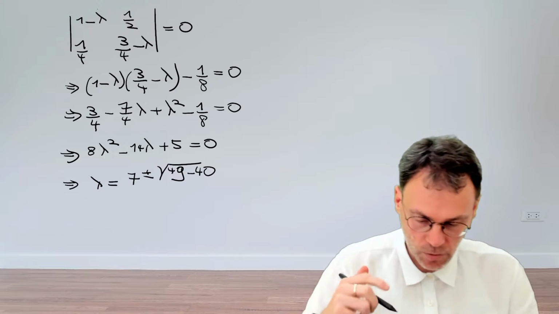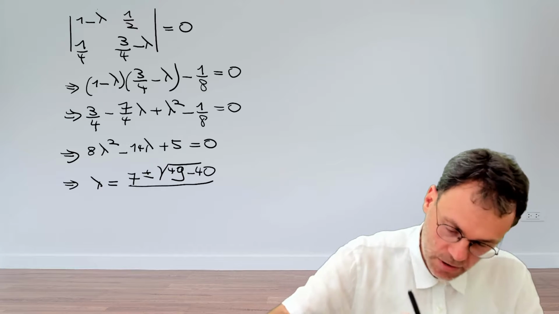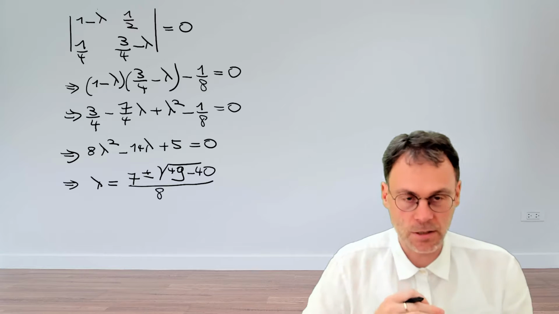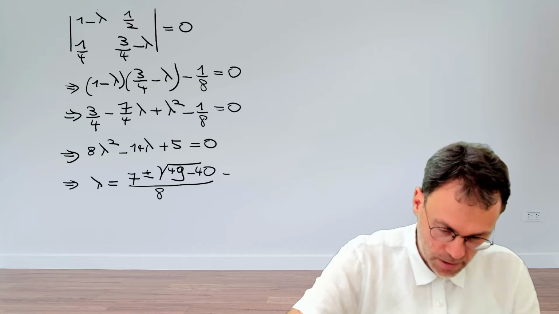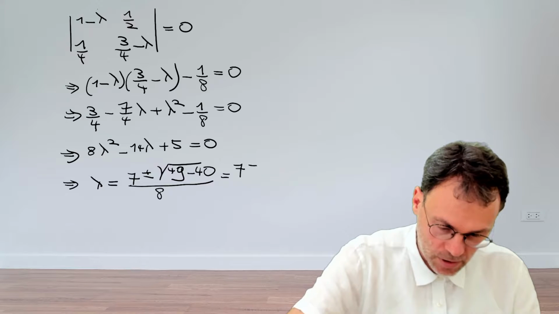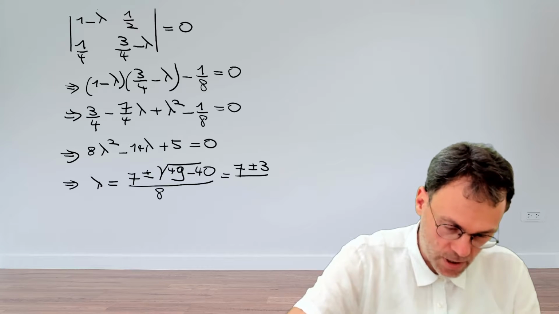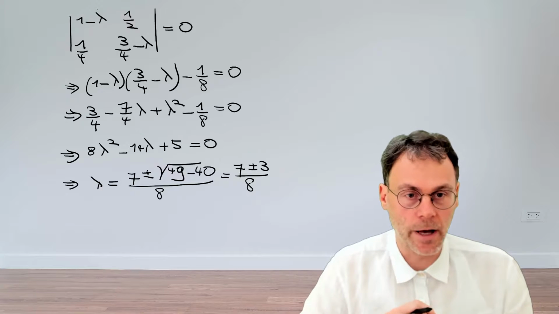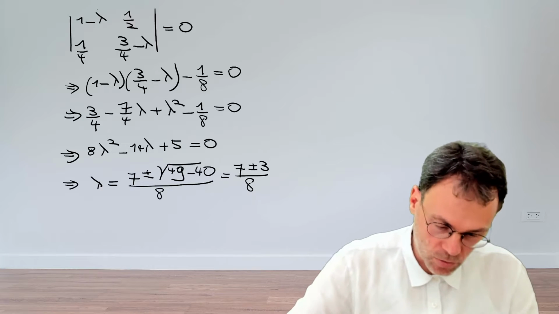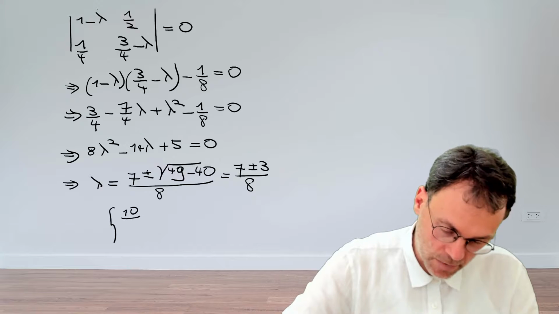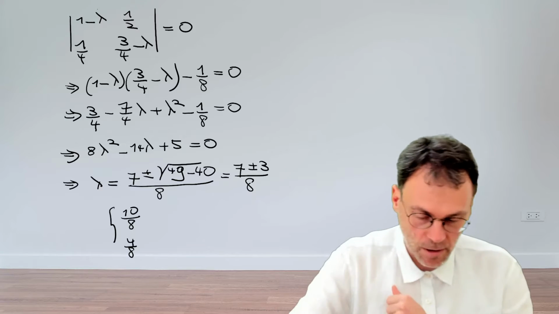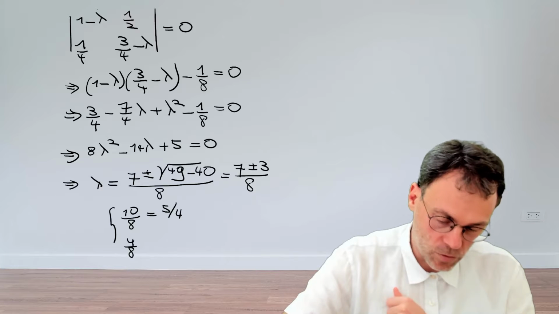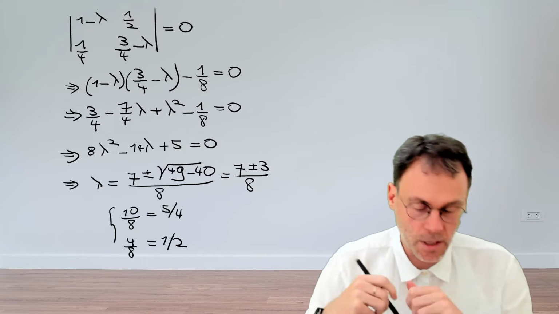And then we divide by the a coefficient in the reduced formula. So that's 8. Finally, this becomes 7 plus or minus 3 divided by 8. So that's either 10 divided by 8 or 4 divided by 8, so 5 over 4 or 1 over 2 if you want.